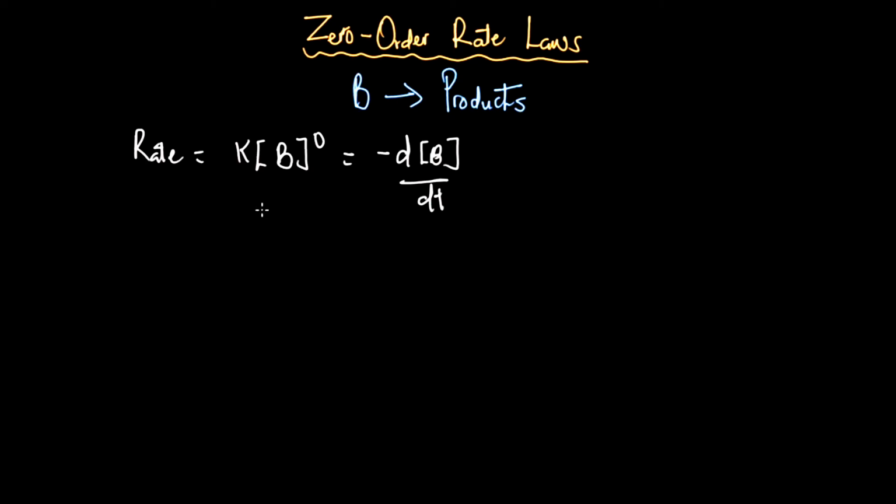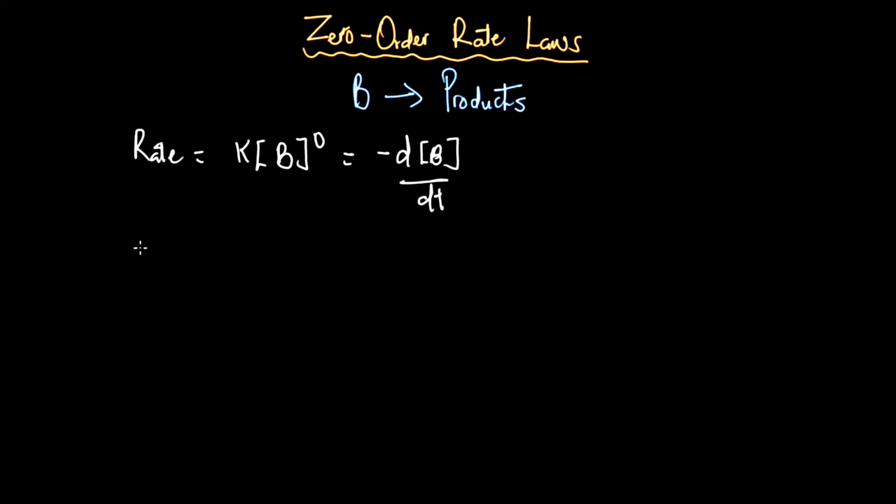To derive the rate equation for a zero order reaction, we need to multiply through by dt and divide both sides by the concentration of B raised to power 0. Let's write it out.